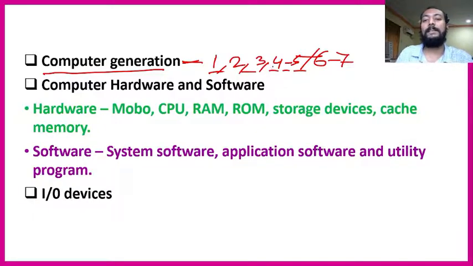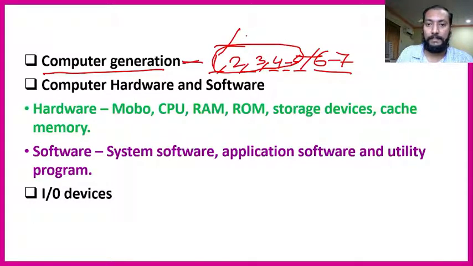If you go to any other site you will get 6 and 7 also, but the Indian government NCERT textbook or UGC NET textbook mention these 5. So you should read these 5 generations. And we will look at what was started in each particular generation, like which system they used to start the computer in the first generation, second, fourth, fifth.